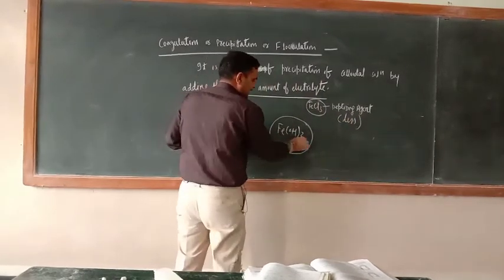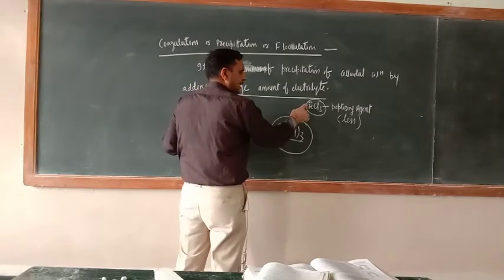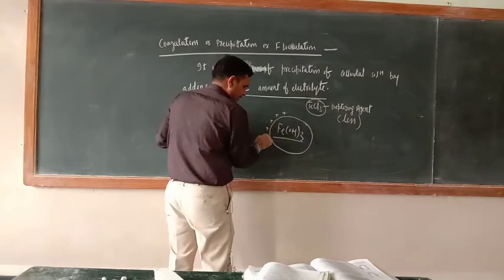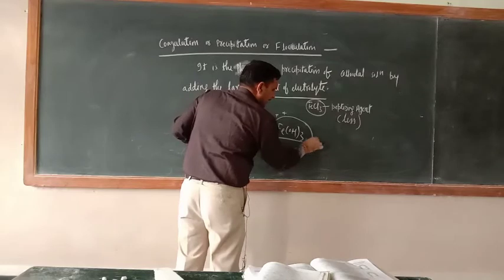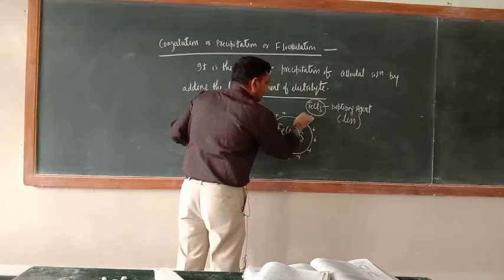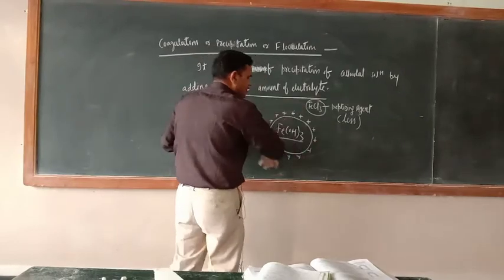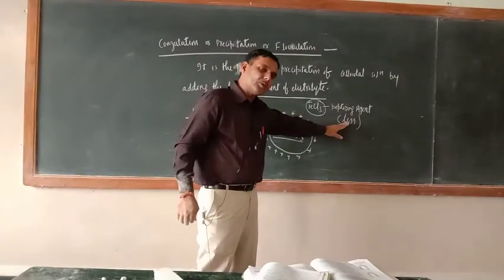Now this iron hydroxide salt will adsorb the iron ion, Fe3 positive ion. So around this, what would be there? Positive charge. It will adsorb the common ion, that is the iron third ion, and it will develop positive charge around this. Remember, you have added it in less quantity only.